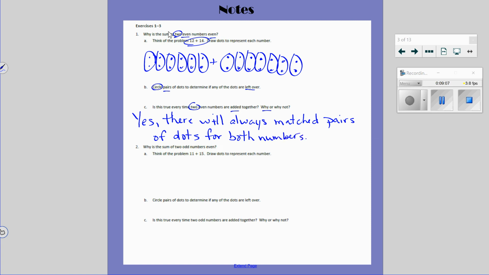So hopefully with the models now, you can see and understand why every time I add two even numbers, I get an even result. Because I'm adding even numbers, there are always going to be dots paired with each other every single time.